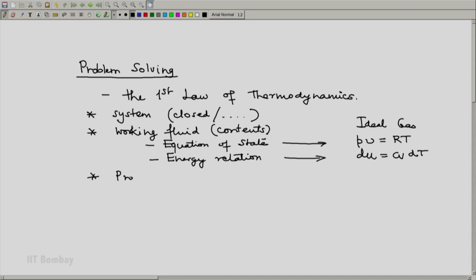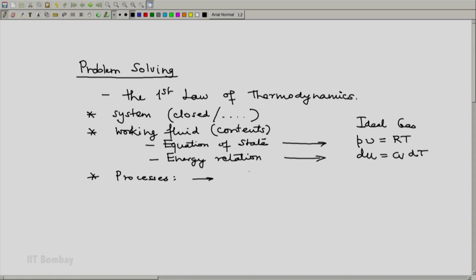Then we have to look at processes. Now in a particular exercise it is possible that only one type of process is involved, or it is possible in a more complicated situation that a series of different processes are involved.